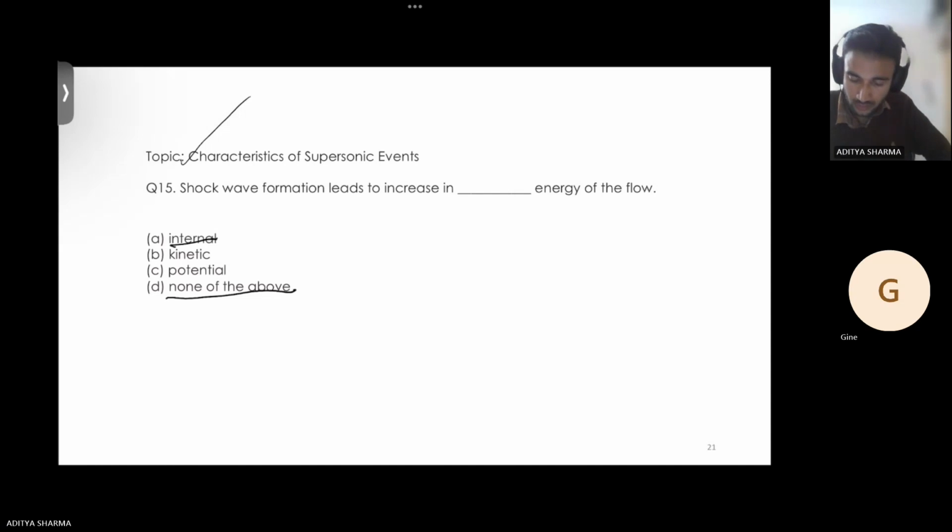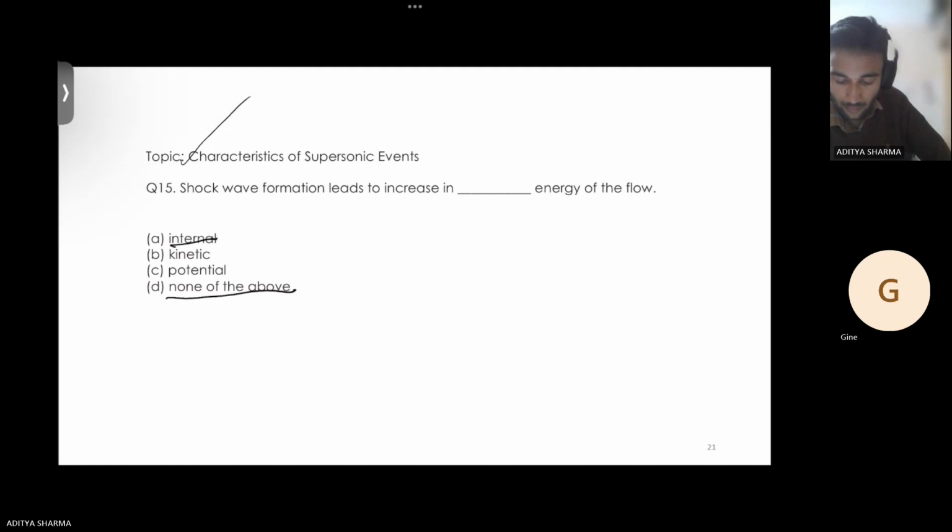When there is compression, there is an increase in the internal energy of the flow. And by virtue of this change in internal energy, there is an increase in the static temperature of the flow across the normal shock.